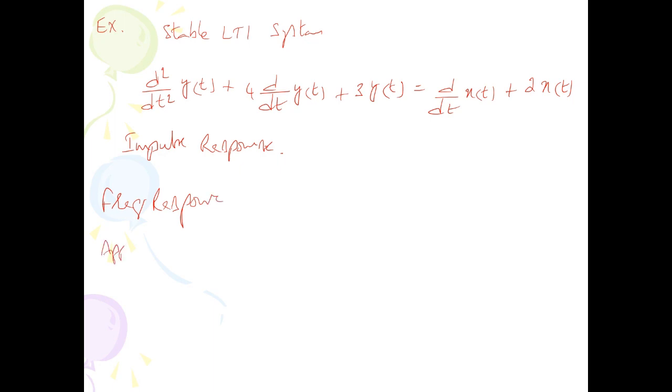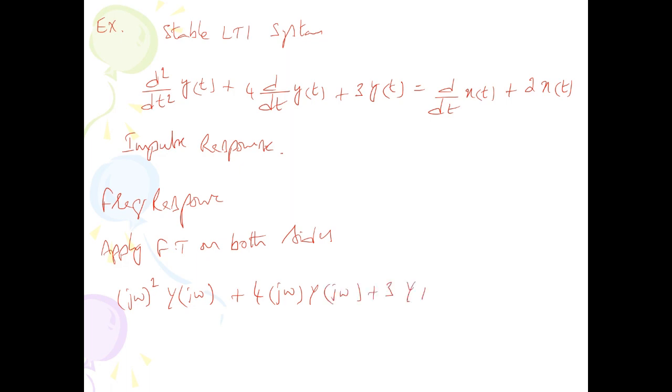Apply the Fourier transform on both sides: (j omega)^2 Y(j omega) plus 4 j omega Y(j omega) plus 3 Y(j omega) equals j omega X(j omega) plus 2 X(j omega).